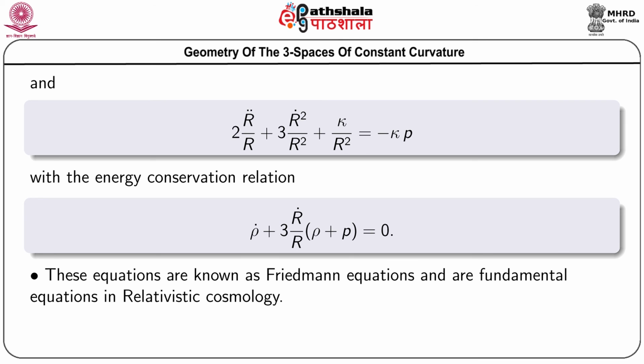Now, these equations are known as Friedmann equations, and they are the fundamental equations in relativistic cosmology. Actually, these Friedmann equations are the basis for the Big Bang theory in the modern cosmological model. So, in module 7 of chapter 10, we have learned two very important concepts for general theory of relativity.